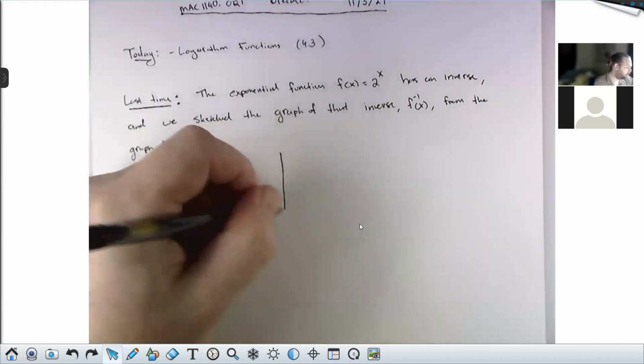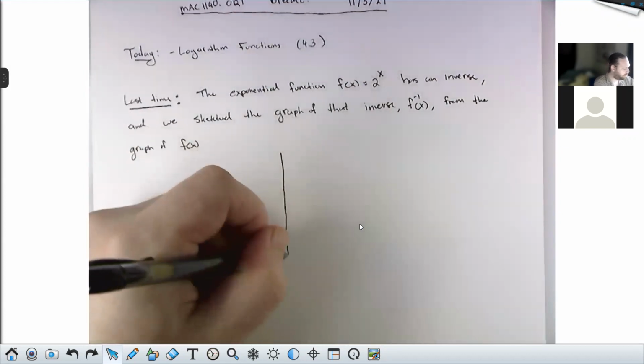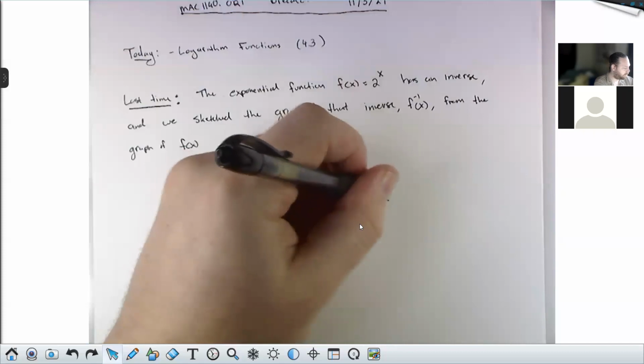I'll remind you what that looks like. Nice picture in here with lots of points labeled. It was at the very end of class last time.